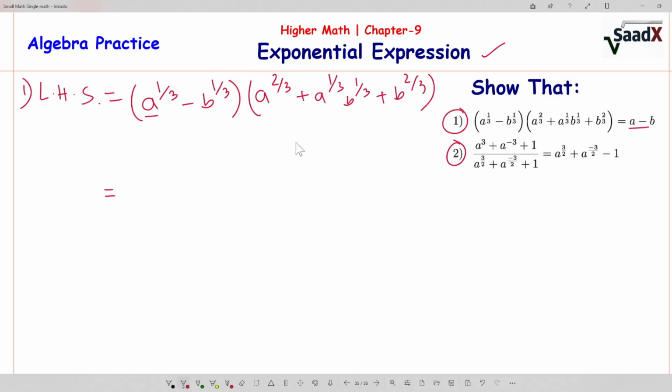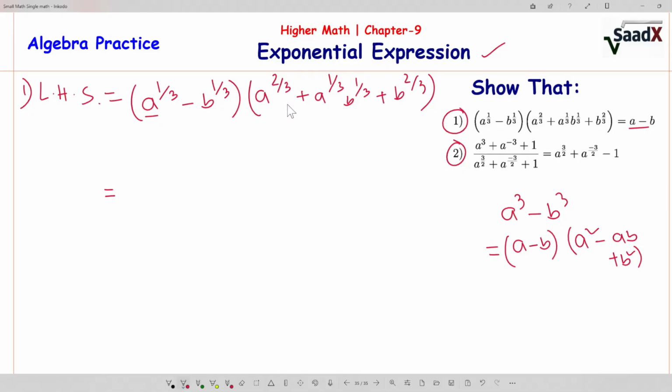We know the theory of a cube minus b cube. Once we factorize, the answer will be a minus b times a square plus ab plus b square, right? So here 1 by 3, and here a square means 2 by 3, also 1 by 3.